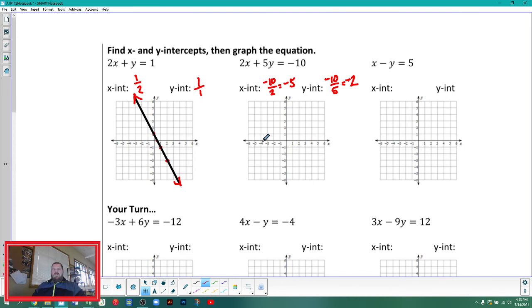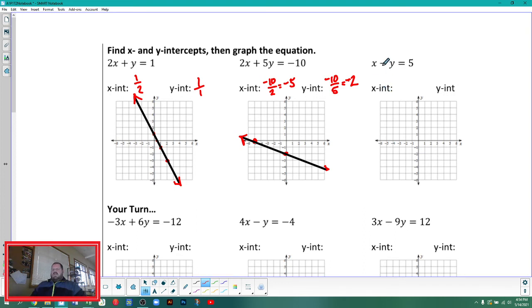So I have an x-intercept at negative 5, y-intercept at negative 2, and I can graph my line. So you see that we're using skills that we've worked on already, graphing with the intercepts.